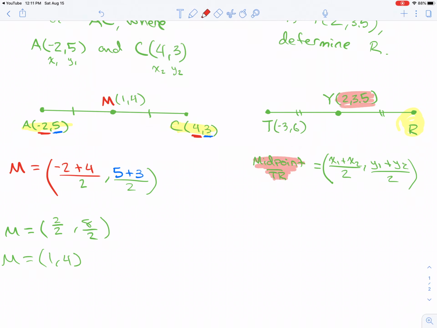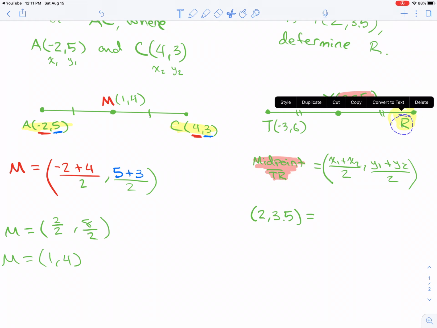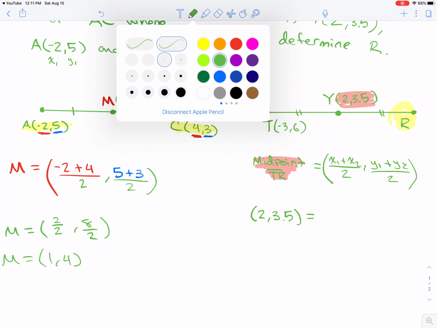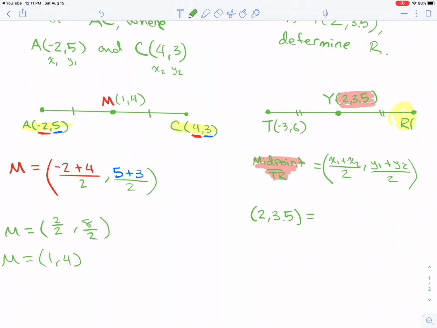That's given as 2, 3.5. So I'm actually going to make that substitution first. And the challenge is, well, how do we express R? Let's call R, how about we call it X and Y.